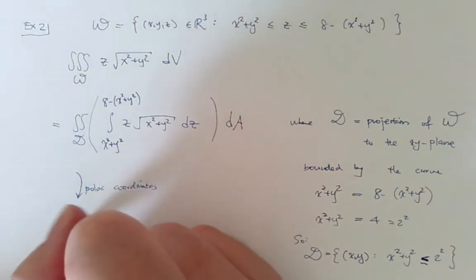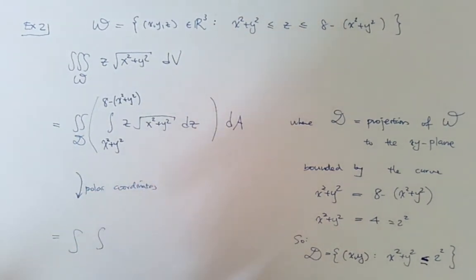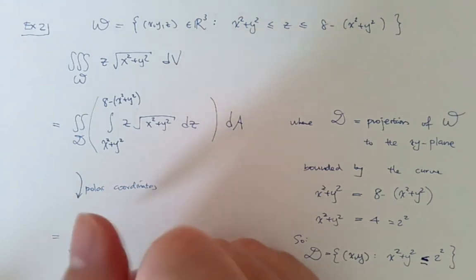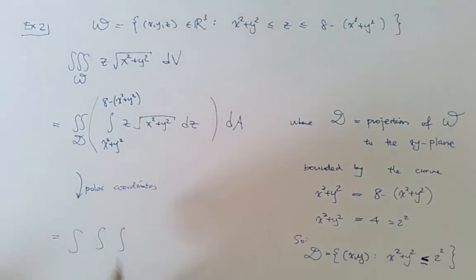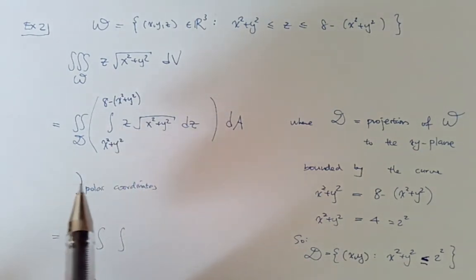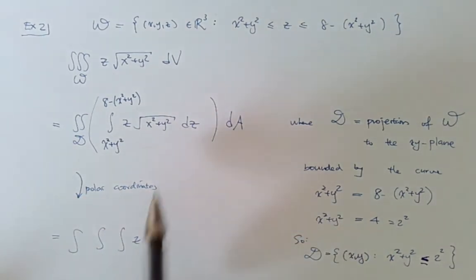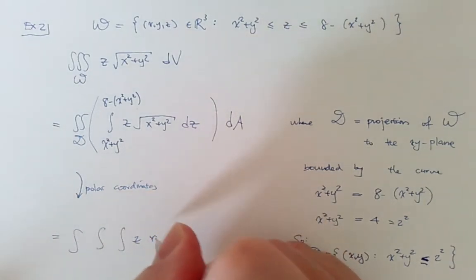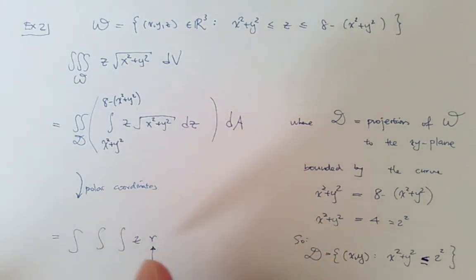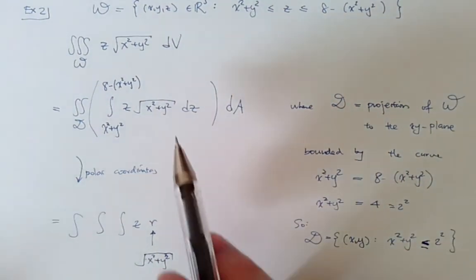Equal to the integral. Well, let me write the thing inside first. Let's leave z as z. And what's x squared plus y squared? That's r squared, right? So the square root is r. That's this part.